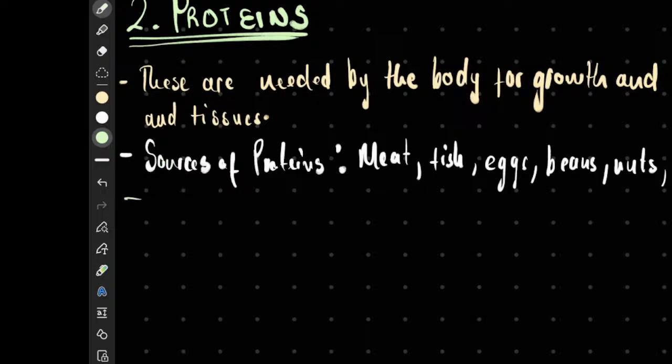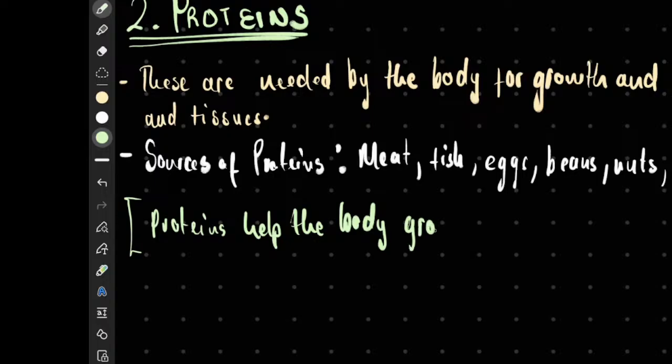And let's just put in brackets to say proteins. What did we say? Proteins help the body grow and fix damaged tissues. Okay? This is why proteins are needed by your body.